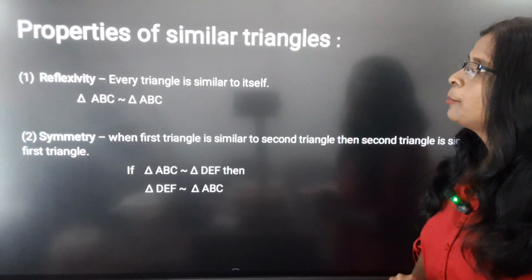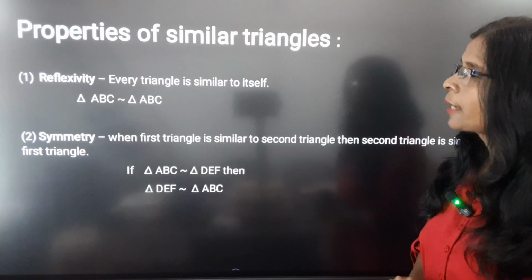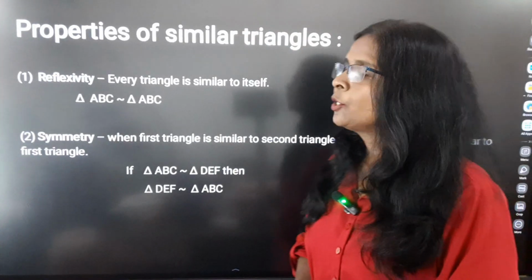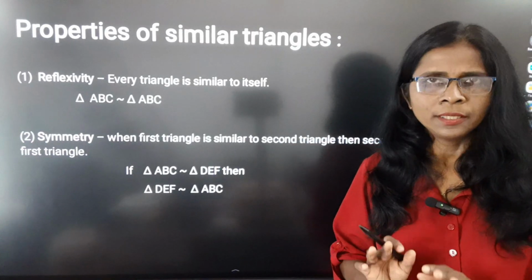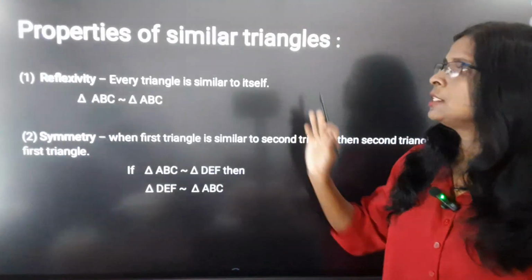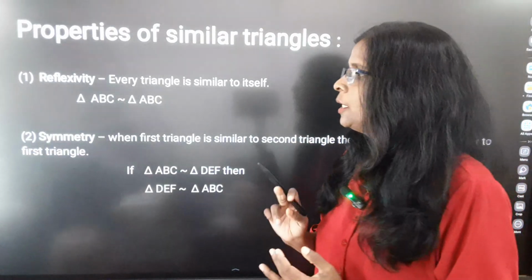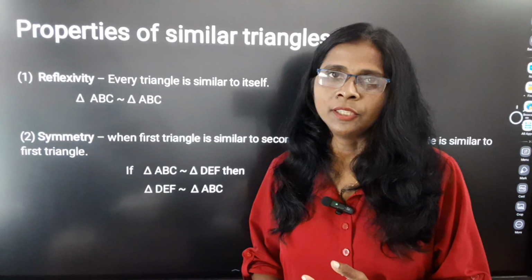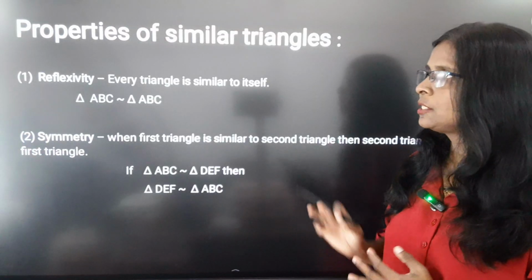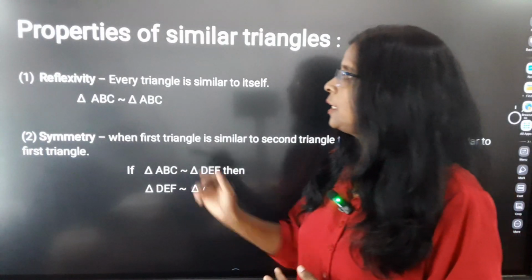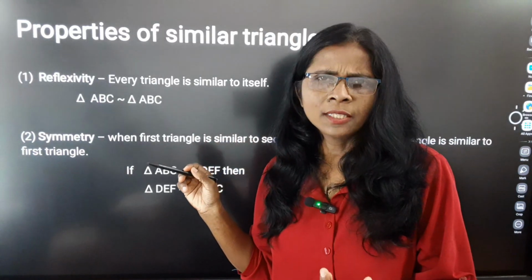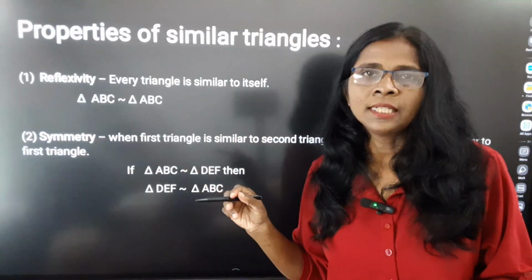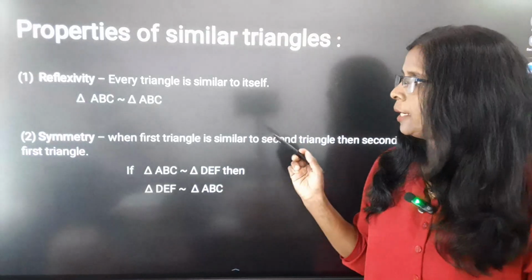Now the properties of similar triangles. There are three properties of similar triangles: reflexivity, symmetry and transitivity. Let us see the first property, reflexivity. Every triangle is similar to itself. For example, triangle ABC is similar to triangle ABC.